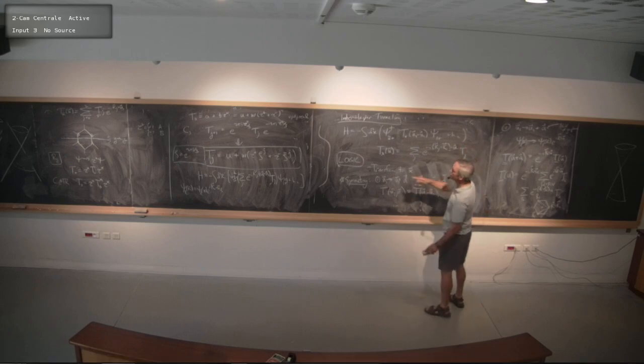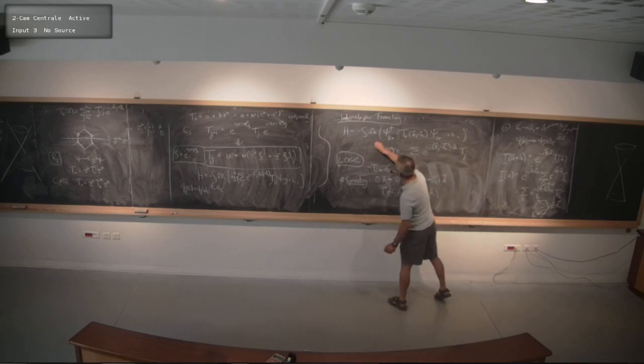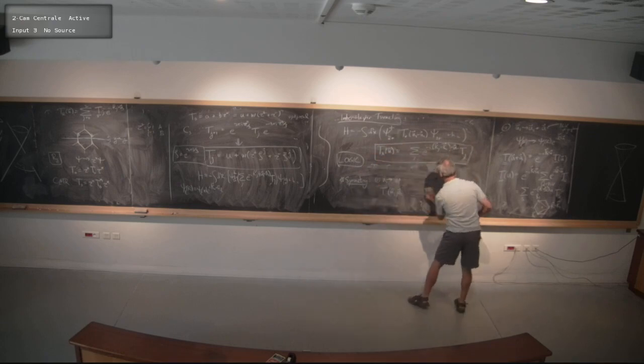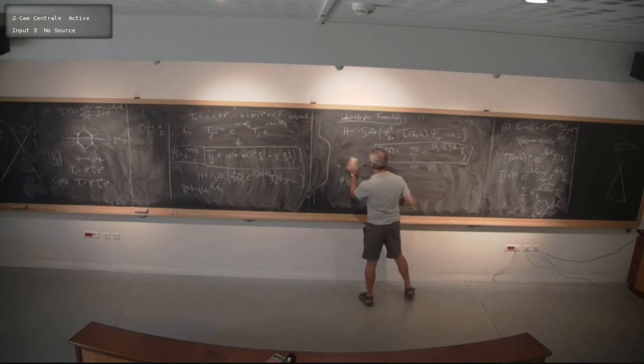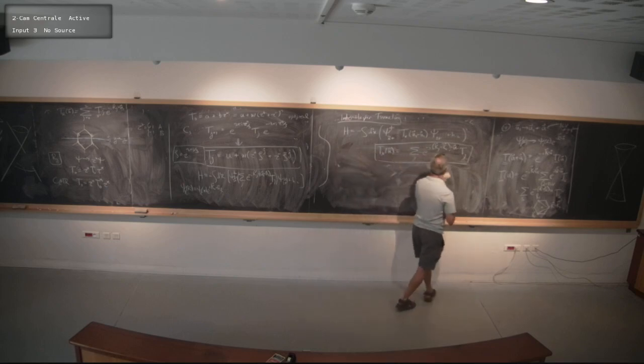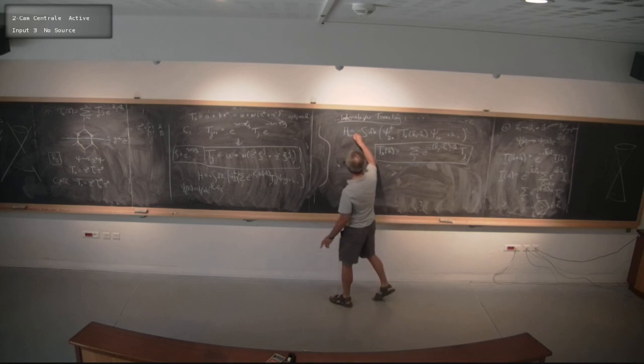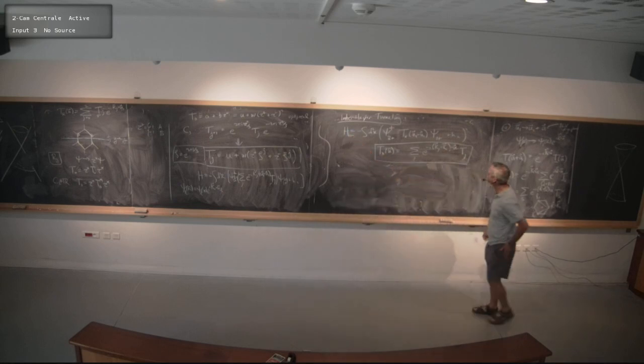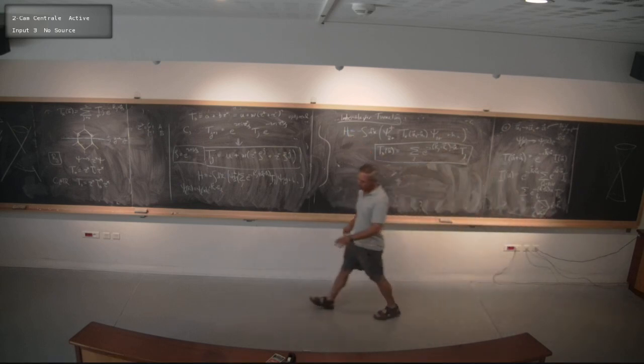And these tj are what's in that formula. So this is our H tunneling. Does it make sense? I hope.